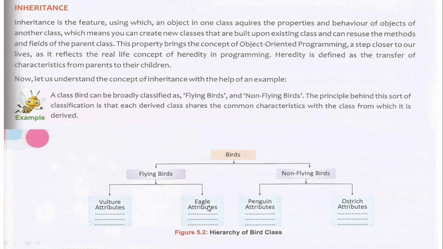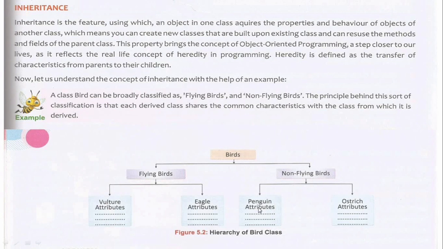So this eagle will also have some attributes: the wingspan, how big its wing is, what it eats, the color of the eye, the shape of the bird, the color of the wings. All these are the attributes of the object eagle. So this vulture is an object, this eagle is also an object which belongs to the flying birds class.